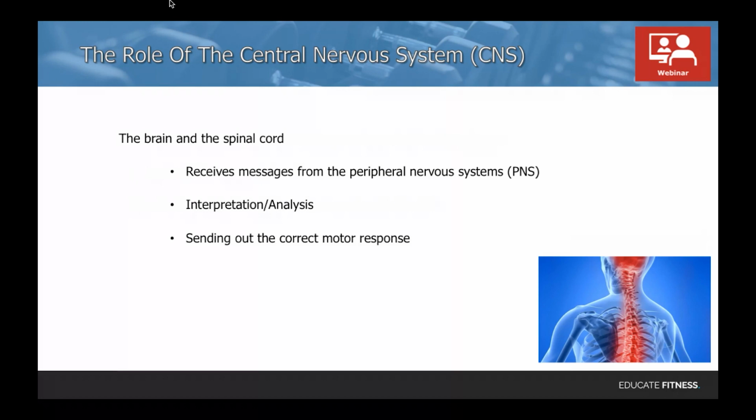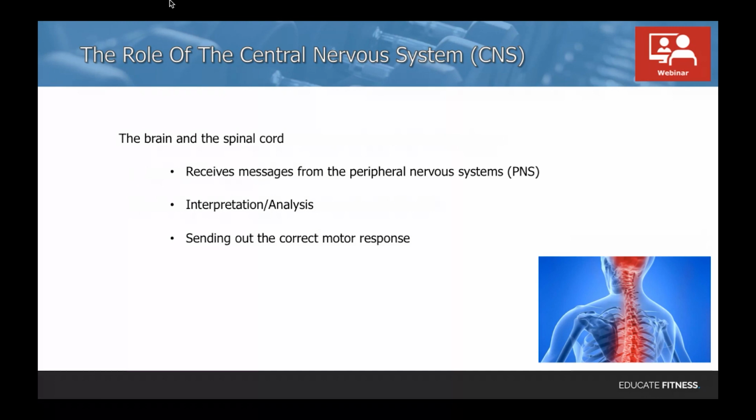So the role of the central nervous system, the brain and the spinal cord, is to receive messages from all your peripheral nerves. So the brain will receive messages from all of those peripheral nerves. It'll send it to the spinal cord, which will then send the messages up to the brain.